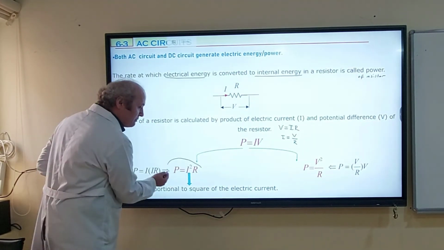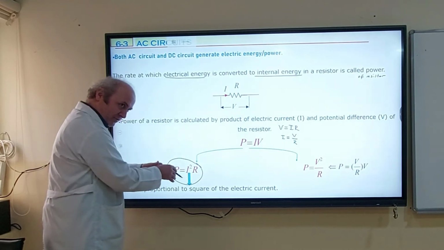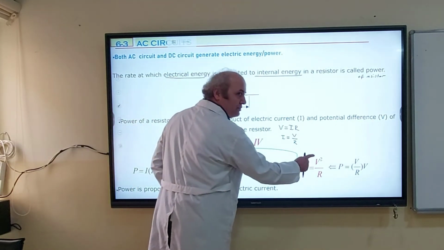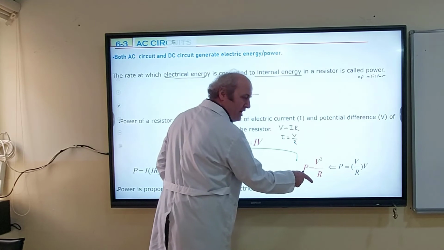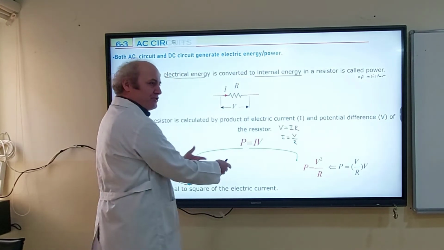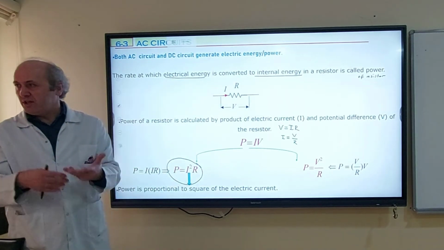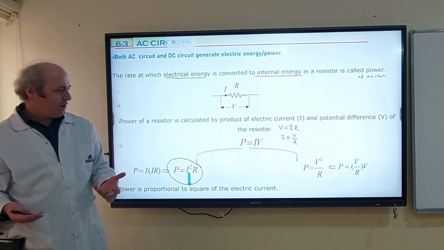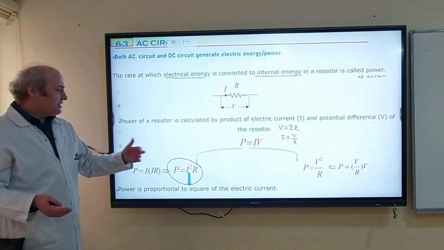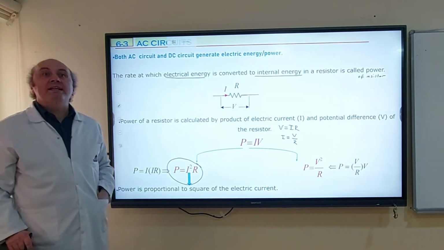This one is the most frequent one we will use. In fact, these two equations are obtained from the basic equation, only we insert its equivalent according to Ohm's law. This is how we calculate power in a DC circuit.